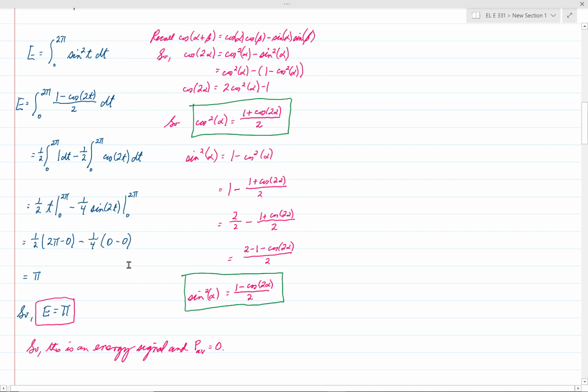It doesn't contribute at all. And we just are left with 1/2 times 2 pi, which is pi. So once again, the energy of this signal is a finite number. And so therefore this is an energy signal, and since the energy is finite, the average power is 0.